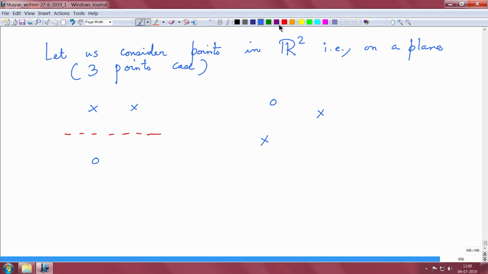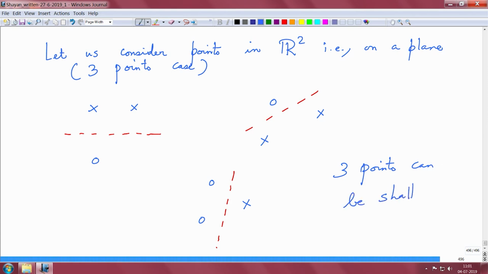Still we have no problems, we can have a line which can shatter, and if you just want to change the points, maybe I have 2 circles and then I have a cross, I still have no problem, I can shatter. So 3 points can be shattered in R2.